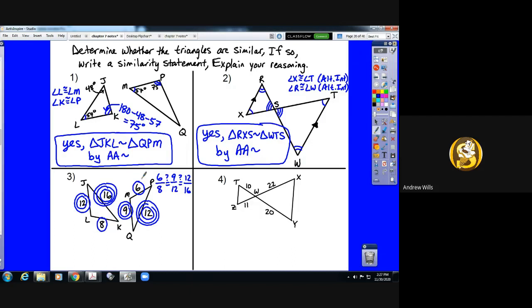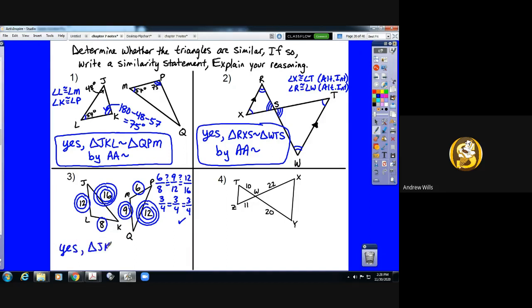So all we have to do is reduce those three fractions. All three of those fractions reduce to 3/4. Remember that 3/4 is called the scale factor. But all three of those fractions are equal to 3/4, which means, yes, these triangles are similar.